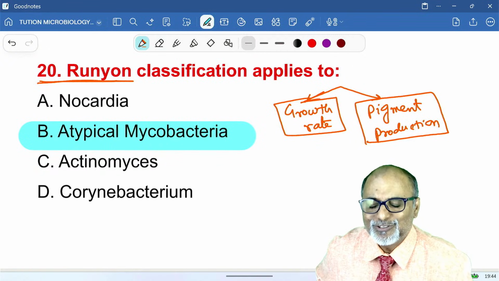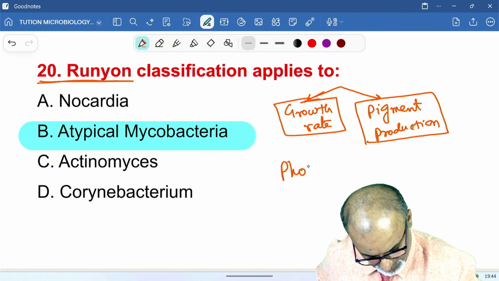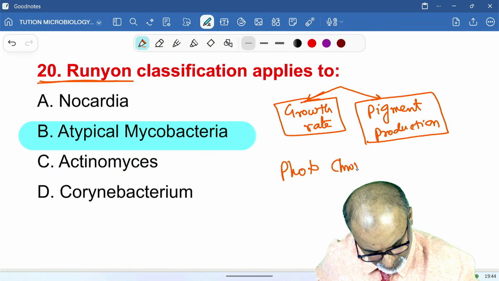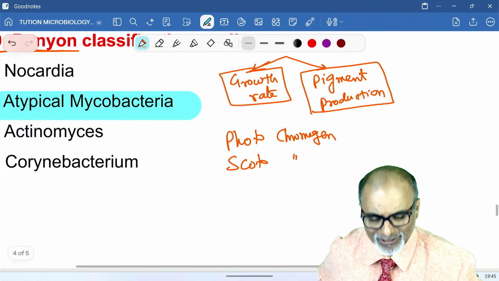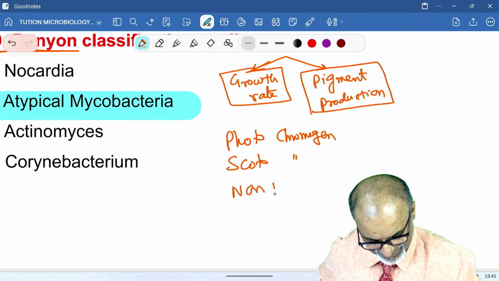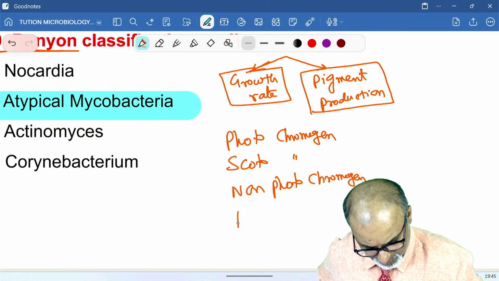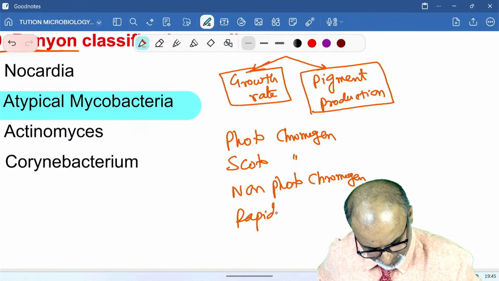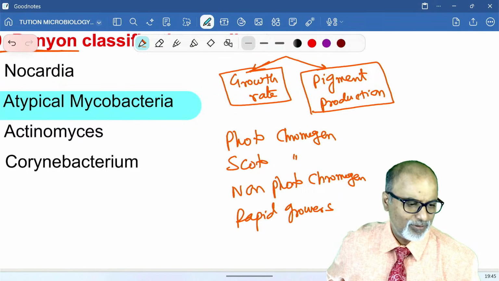Can you remember? Photochromogen, scotochromogen, non-photochromogen and rapid growers.